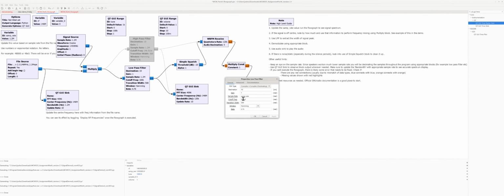Oh, sorry, I forgot. In the low pass filter, we have made use of a decimation factor of 10. What that does is reduce the sample rate. It divides the sample rate by a factor of 10, such that instead of having 1.2 mega samples per second, which is quite a lot for the signal processing, we reduce it as much as possible, without losing any important information.